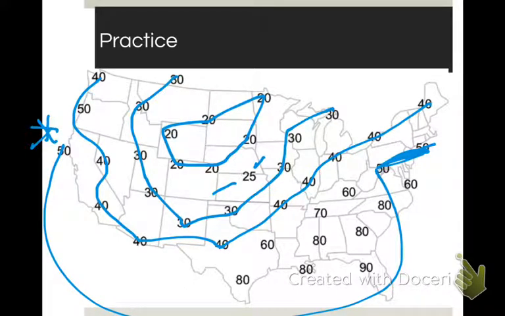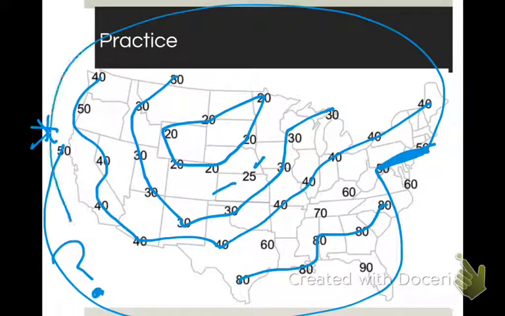Because do I have any data for this section over here? No, I don't. So if I did that, then you are making up data, and that's just wrong. So you never do that. You would just connect your little line, and then you would move right along. So I could continue on with 80. And so on, and then you're done. So that's all it is with the isotherm. If you could do connect the dots, you can do isotherms. Just make sure you never loop around the country in a place you don't have data.